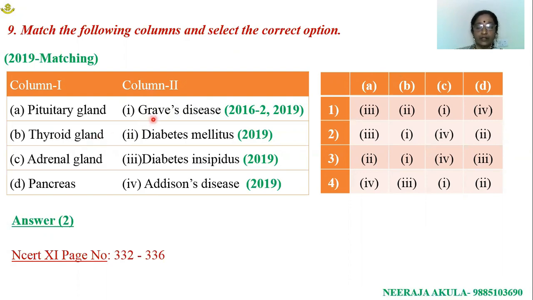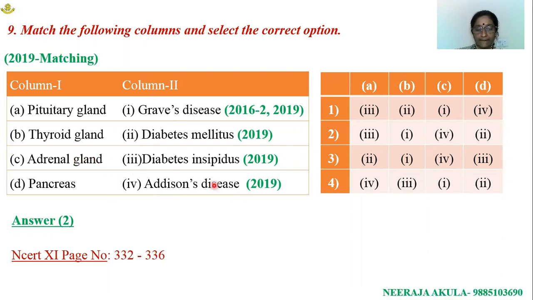Hypersecretion of thyroxine leads to Graves' disease or exophthalmic goiter. Adrenal gland can also be termed as suprarenal gland, associated with adrenal cortex and adrenal medulla. Adrenal cortex is involved in the secretion of different types of steroid hormones. Medulla releases epinephrine and norepinephrine.